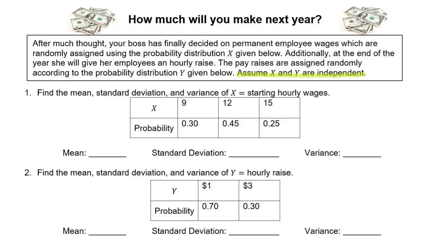Again, we want mean and standard deviation and variance for X, mean, standard deviation, and variance for Y. But then, yes, those things that you were pointing to, absolutely, the parts that you want to be looking at. Done.